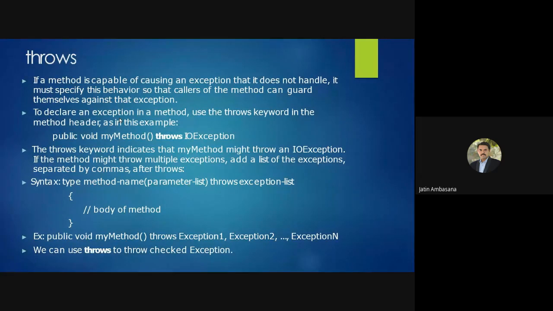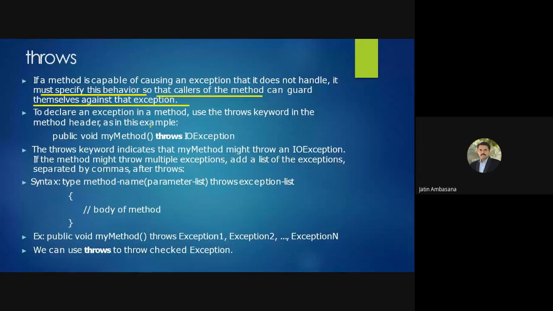Then you use the throws keyword. If a method is capable of causing an exception that it cannot handle, then it must specify this behavior to the callers of that method, so that the callers can guard themselves against that exception.